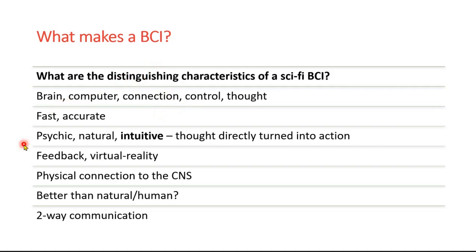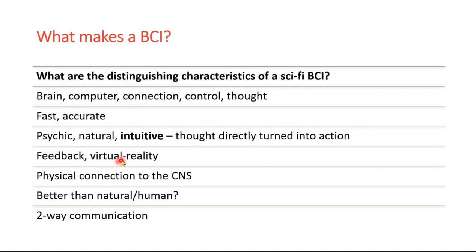So you can control an exoskeleton very fast and with very high precision and accuracy. And another characteristic of science fiction BCI is that it is psychic, natural, intuitive: thought directly turned into action. It's very, very natural and intuitive. You just think, and then your thought will be decoded into control signals, and then you can use those control signals to control those external applications.